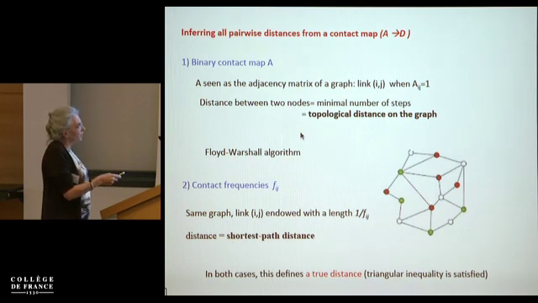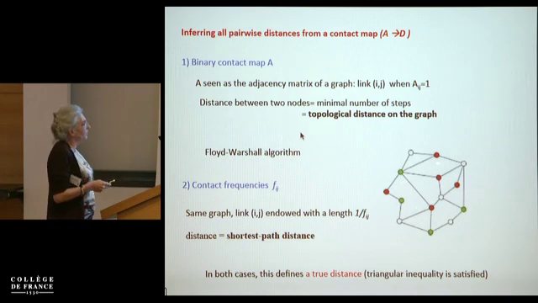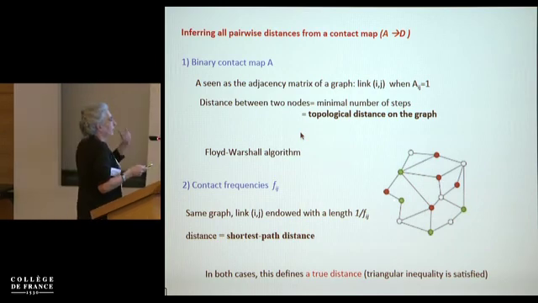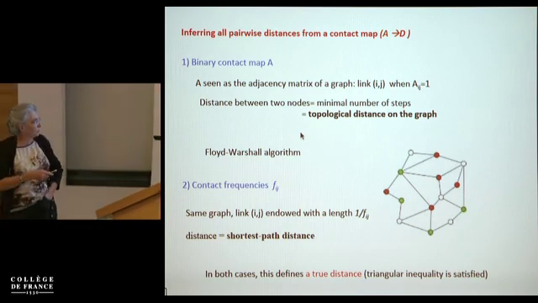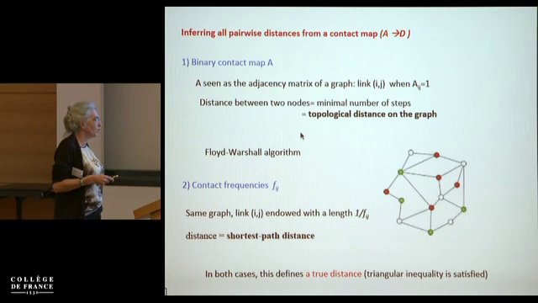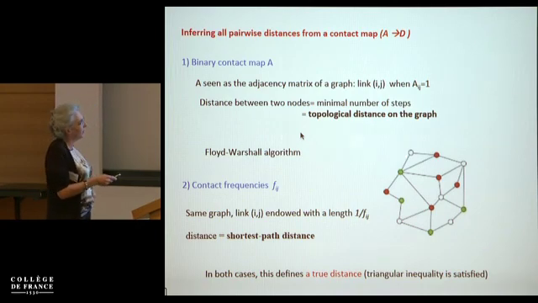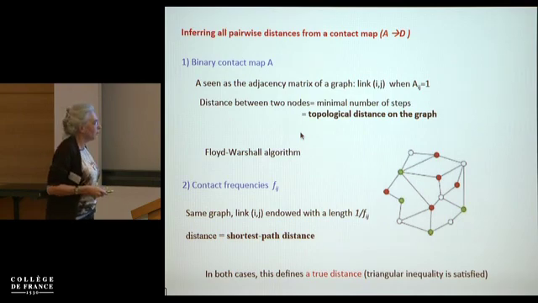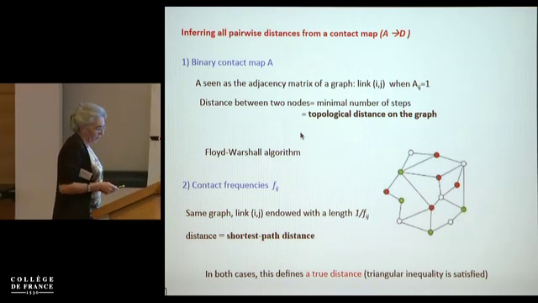So for instance, the distance between this white and red site will be the sum of the links. We tested different ways, so either the sum or the sum of the squares, the analog of Euclidean distance, the root mean square sum of the links. It does not change a lot.